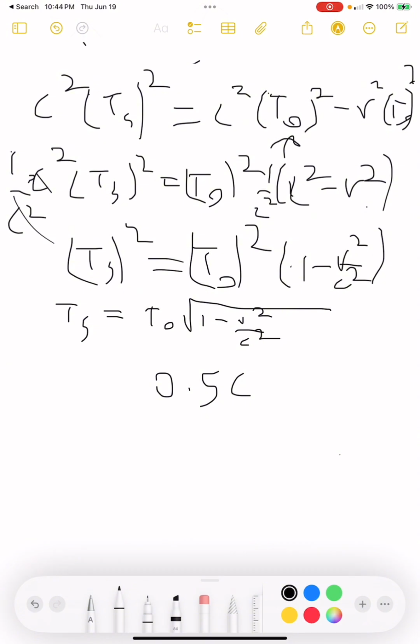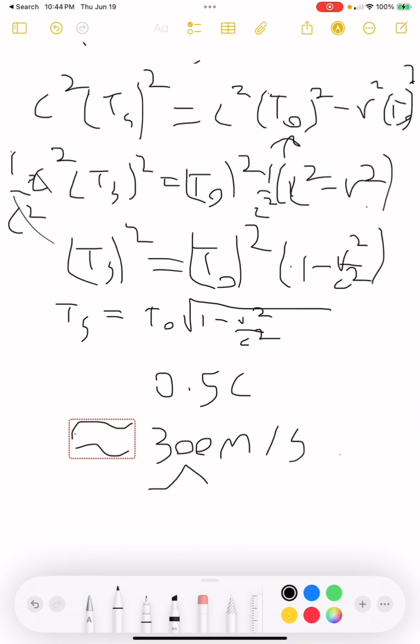The speed of light is approximately, not exactly, but approximately 300 million meters per second. So that is very, very fast. We will just use this for simplicity, because if you want the actual value, you can Google it and use that.